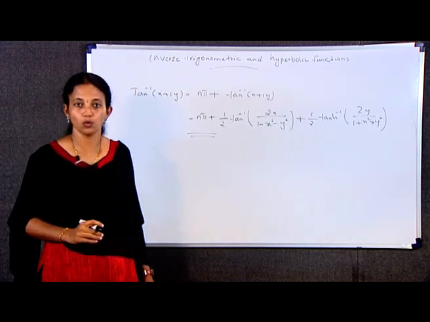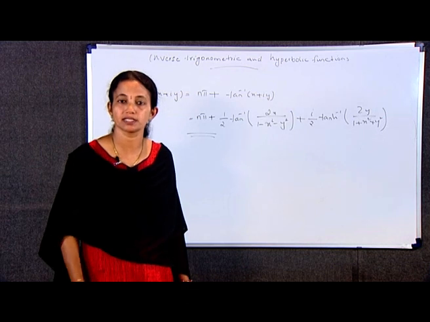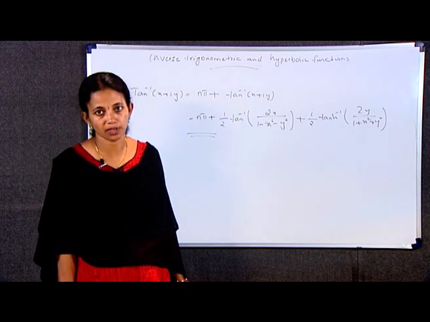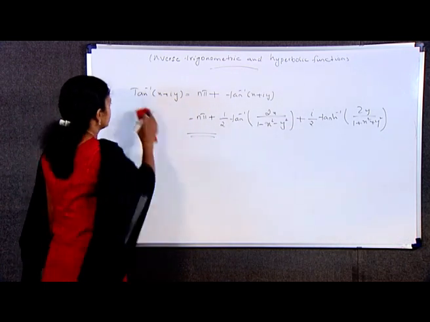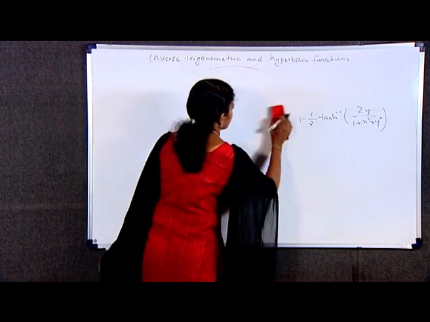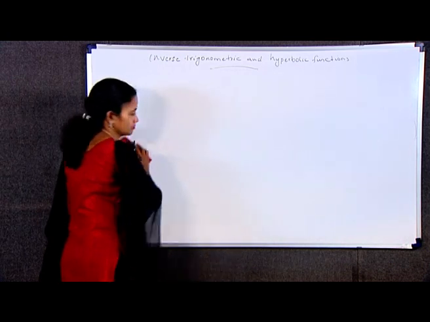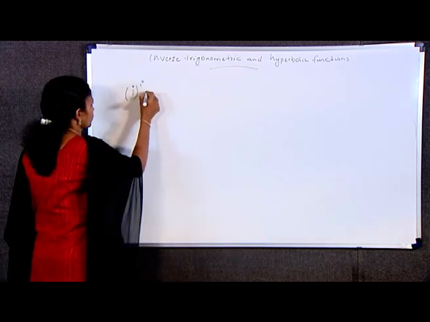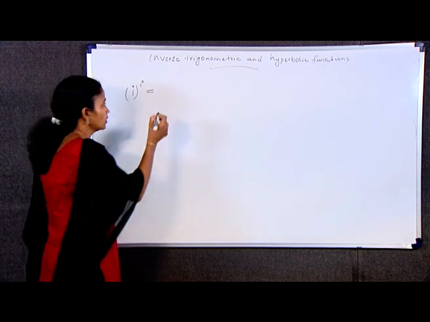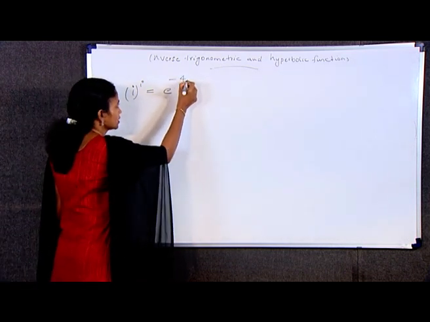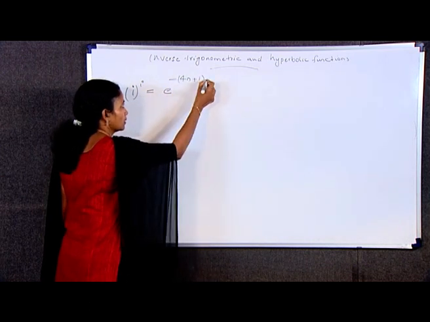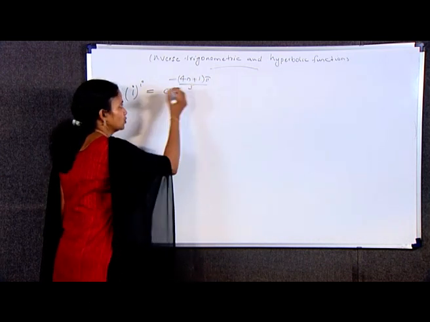Next, we have to prove i raised to i is equal to e raised to minus (4n plus 1) pi by 2.